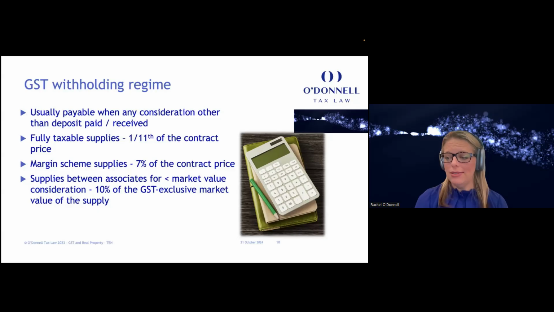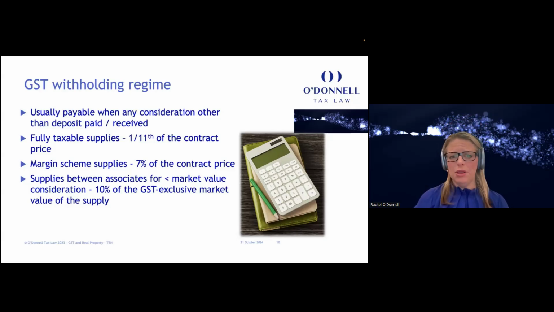where the contract specifies an amount as a price, subject to normal settlement adjustments. So it's essentially, if you say the price is $3 million plus settlement adjustments, then the contract price is your $3 million price. Where the margin scheme applies, the withholding amount is 7% of the contract price, so that's obviously smaller, and I'll get into that a little bit further, but there is a true up later on so that the supplier ends up having the same result as before these provisions were introduced.